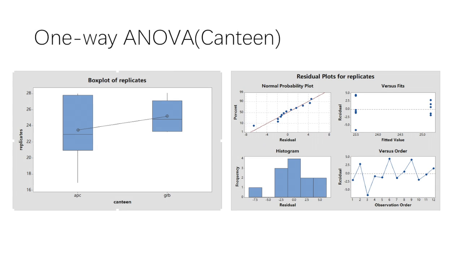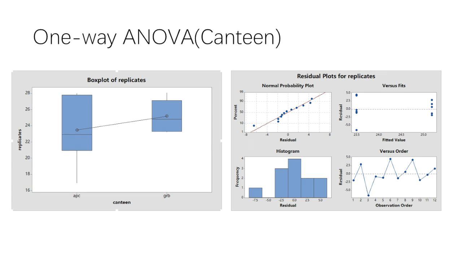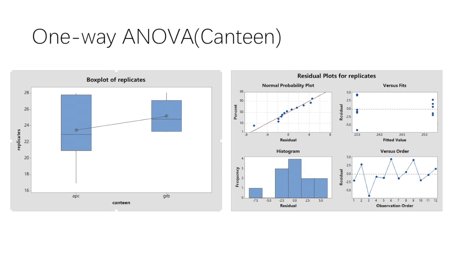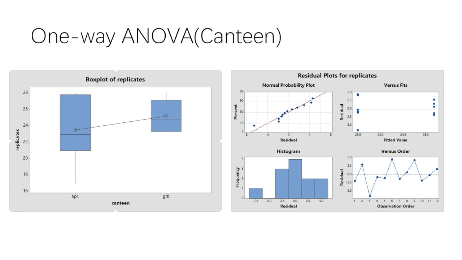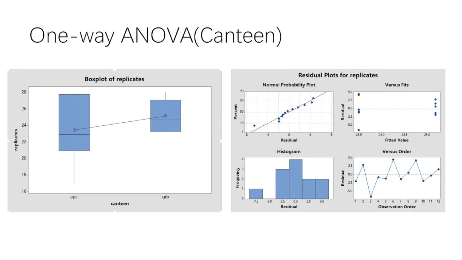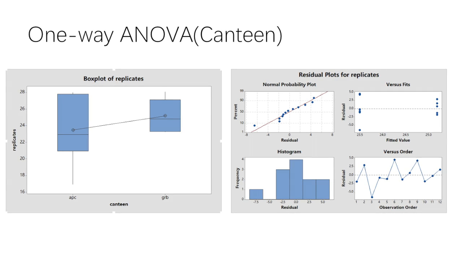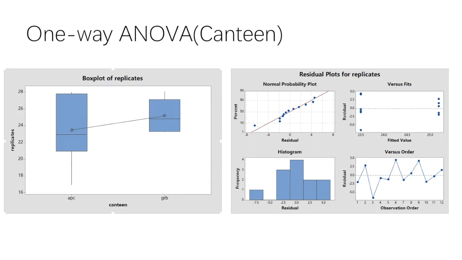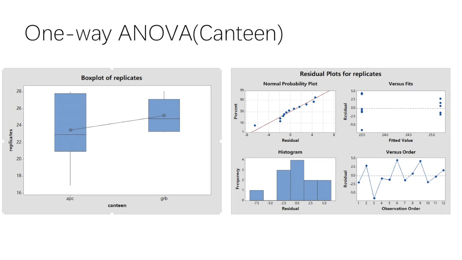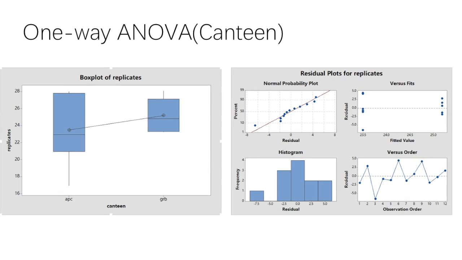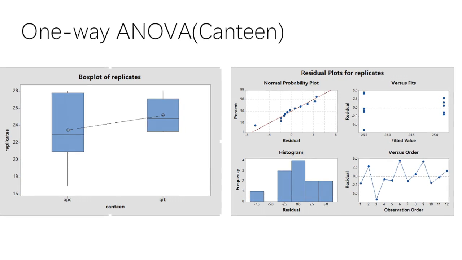In the analyze phase, we use one-way ANOVA to analyze our data. Here we just show the box plot and residual plot for each factor. First we investigate the factor of canteen. In our case, APC has a lower average mean than GRB, which means in normal case eating at APC can save more time.